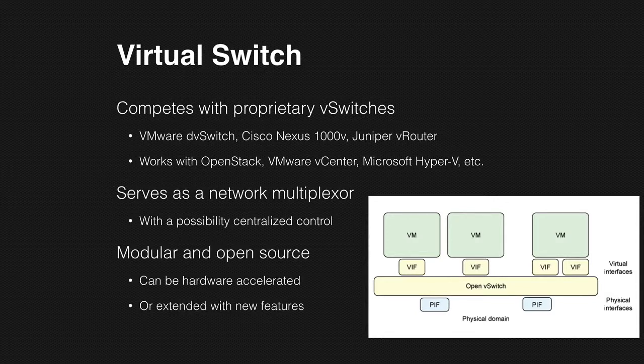OpenVSwitch is open source and accepts contribution from anyone, be it a single developer or a company, and in that it is modular. That is an extremely powerful feature that makes OpenVSwitch highly extensible.